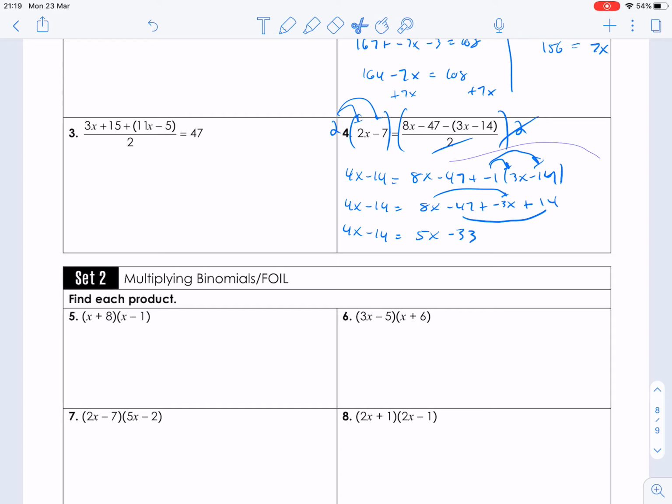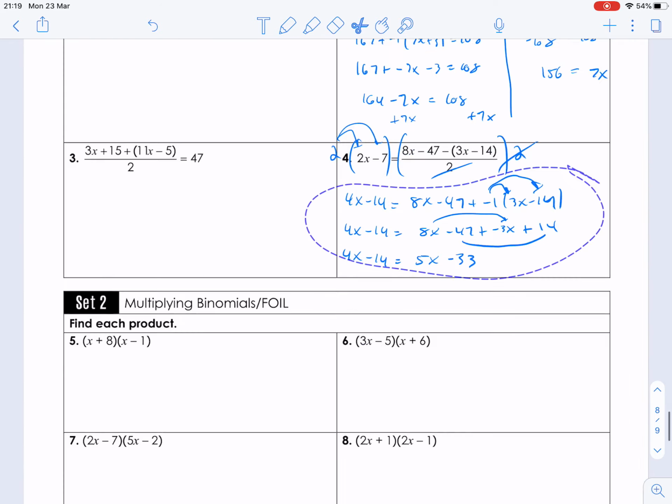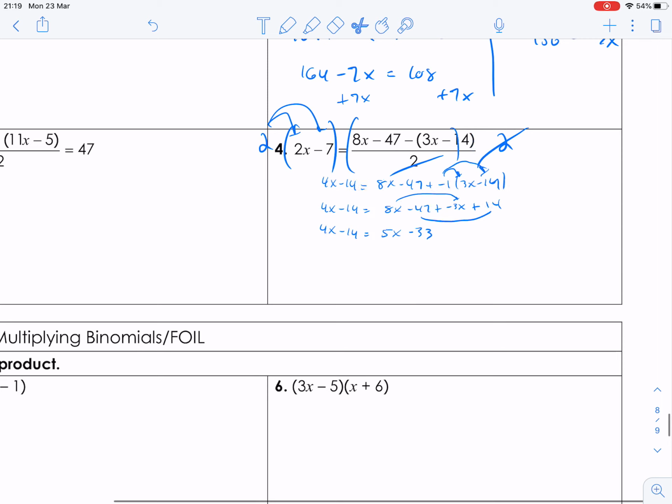We can make this smaller. Oh, not the whole thing. There we go.